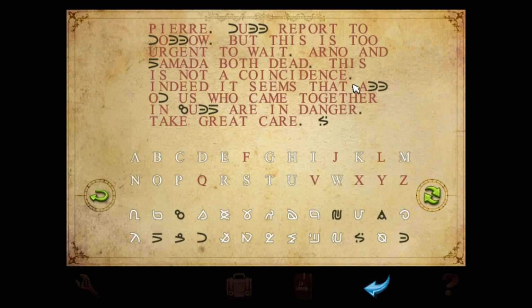Indeed, it seems that somebody and something us came together in. Who came together? All of us who came together.